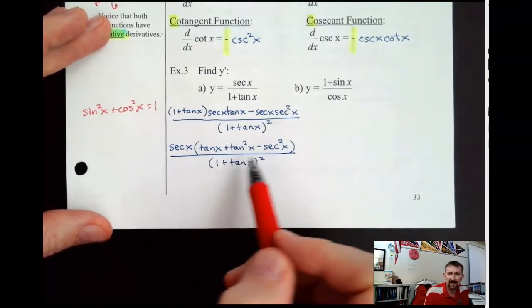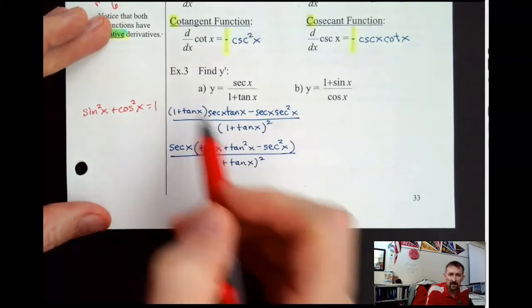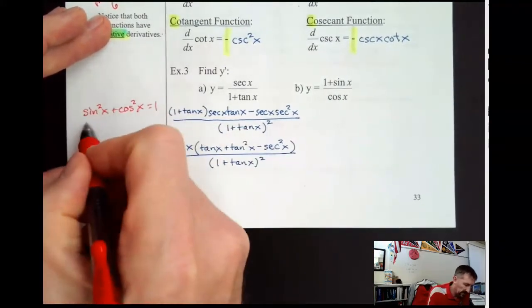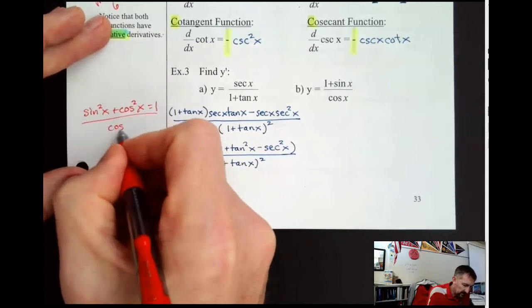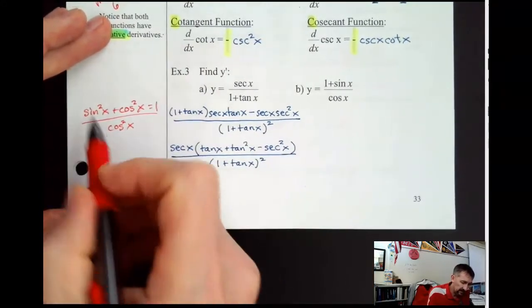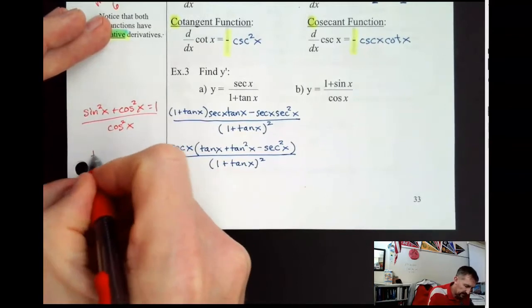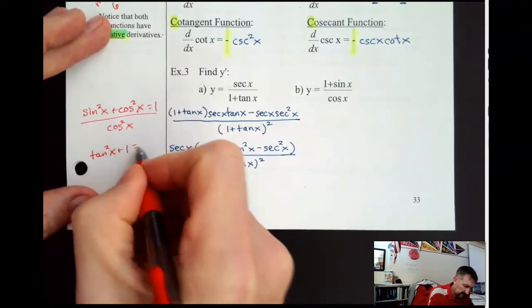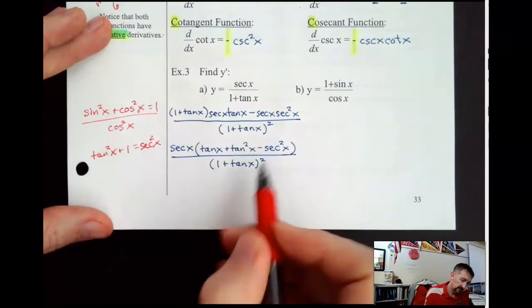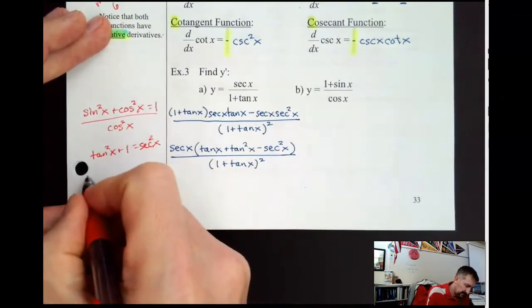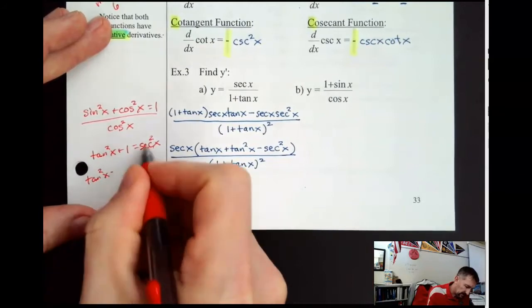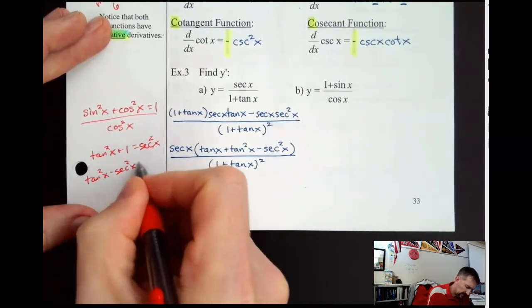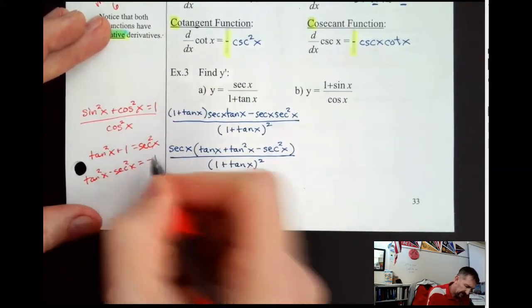So I can see that I have tangent squared here. So I want a tangent squared from here. To get tangent squared out of here, I'm going to divide by cosine squared. So sine squared divided by cosine squared is tangent squared. That's 1. And this is secant, because it starts with C, so the other one's an S. So tangent squared x minus secant squared x equals negative 1.